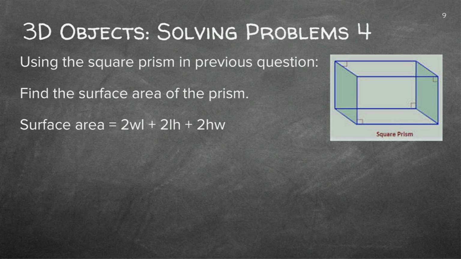Right, let's do this one. We still have a square prism, like the previous question. Now they ask us to find the surface area. Oh, can you still remember? I'm giving it to you here just to help you. The surface area of that same prism.